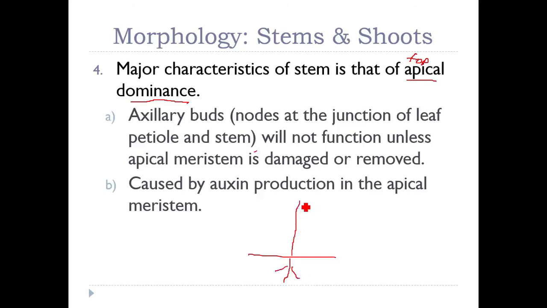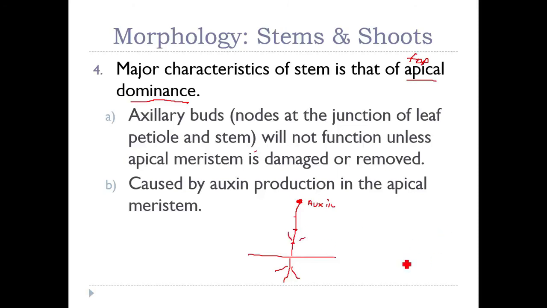and it will have nodes here, and up here at the top you get a hormone produced, auxin, that inhibits the growth of these lateral stems. Now, as your top moves further and further away from these stems, they will start to grow.